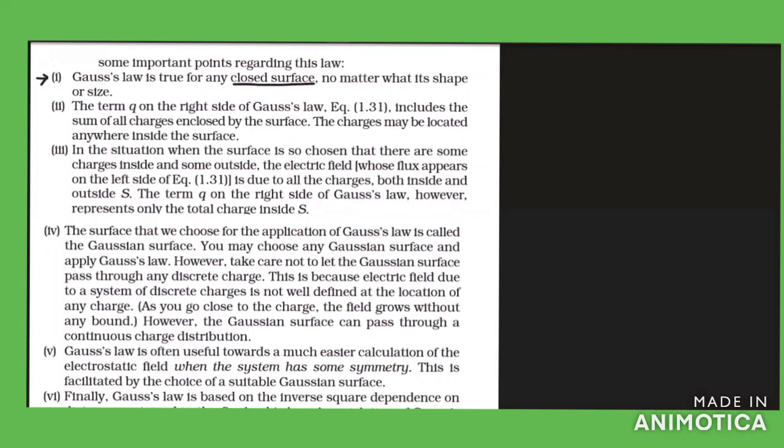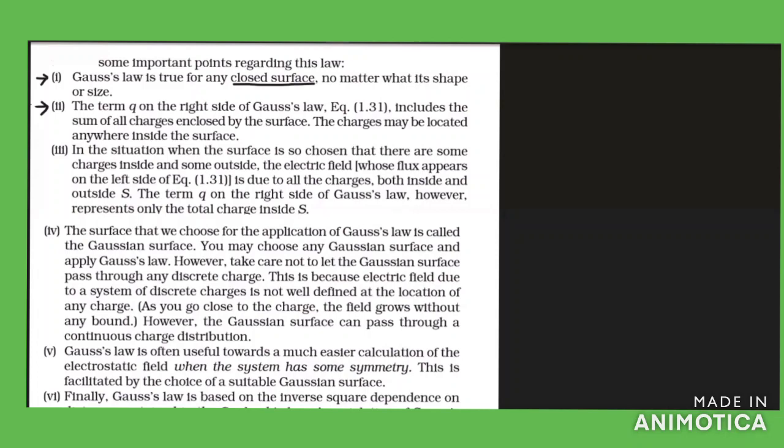But the mathematics will be easier if we select a Gaussian surface by considering the symmetry of the charge configuration. So Gauss law is true for any closed surface, no matter what its shape or size. Now, the term Q on the right hand side of the Gauss law includes the sum of all charges enclosed by the surface.